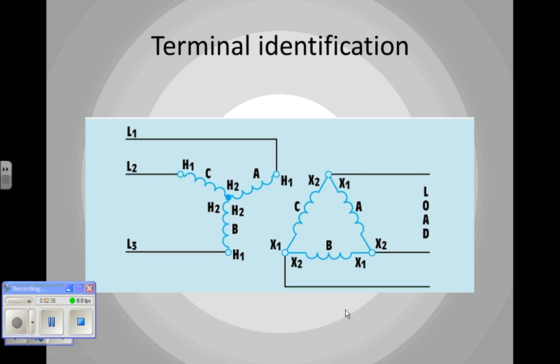Now we want to recall, as we've talked about before, that the terminations have identifications, H1, H2, and H3, and X1, X2, and X3. And so we have a phase A, phase B, and phase C winding on each winding.